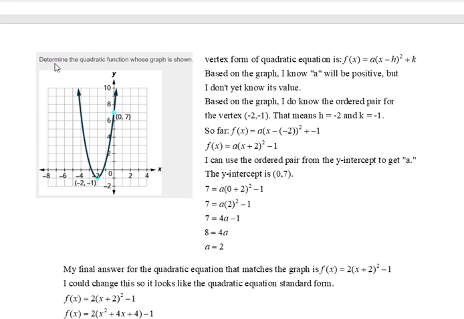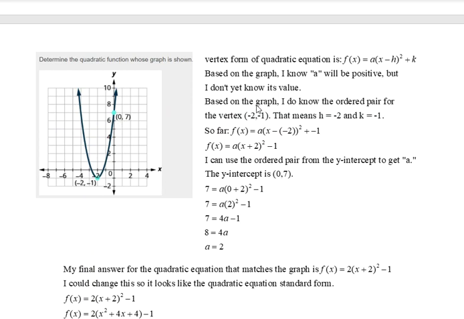We want to determine the quadratic function whose graph is shown. I'm using that format right here, f of x is equal to a times (x minus h) squared plus k. Based on the graph, I know for sure that my a in this equation is going to be positive. I don't know the value yet, but I know it's positive, so I'm going to have a scoop up.